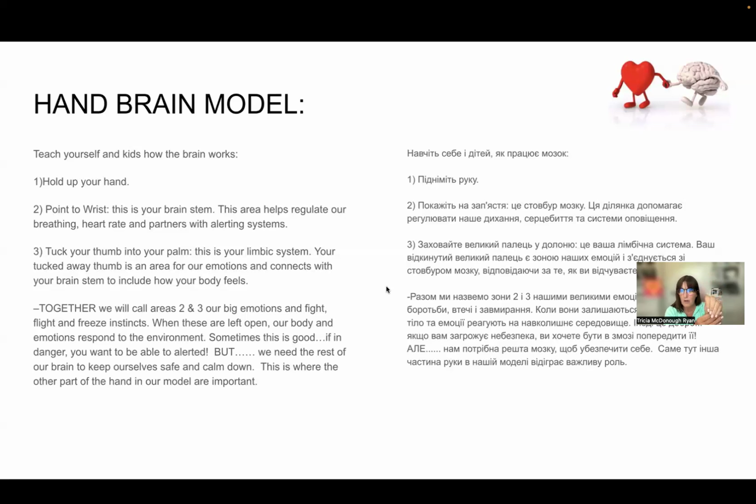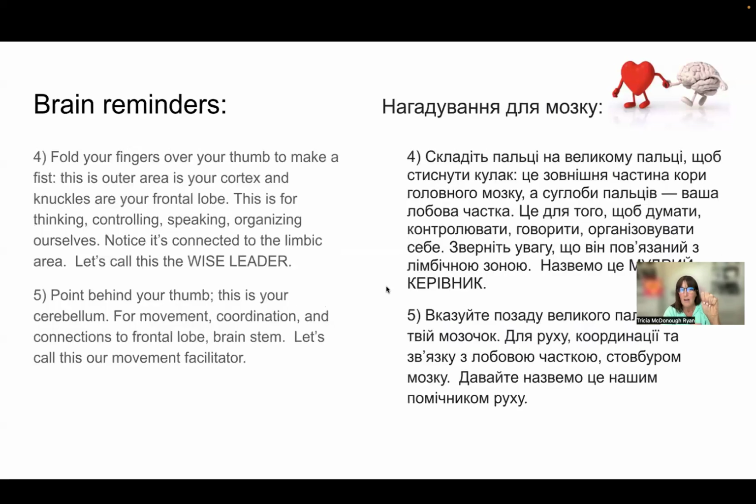And we close our hand over the limbic system. And this is the folding or putting the lid over the emotions or putting a cap over it. This area, this fist area on the outside in the knuckles, this represents your frontal lobe. This is the regulator.